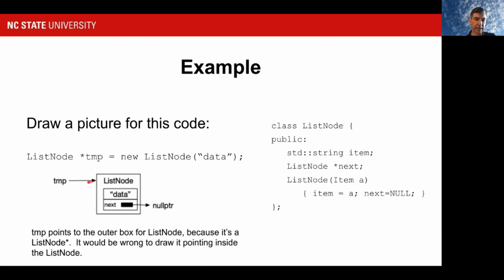And so I can send this arrow from temp to any point on the perimeter of this box. And as long as it's pointing somewhere to the perimeter of this box, it means that it's a list node pointer, and it's pointing to that object. And then I could use this pointer to get at the fields or the members inside this object.